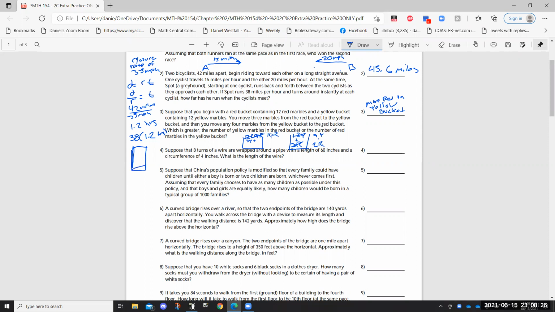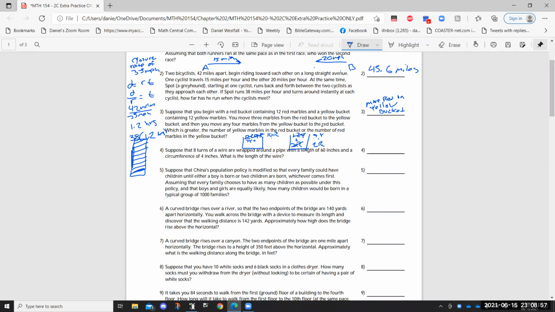So you've got 1, 2, 3, 4, 5, 6, 7. See, I'm not good at drawing this. 8, like that. Imagine those are all equally spaced here.